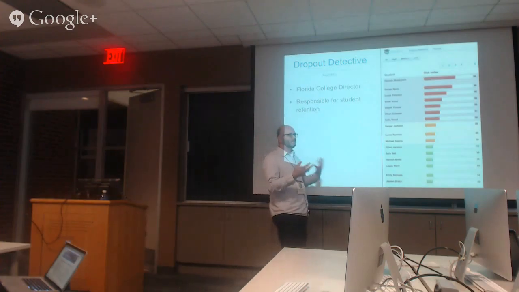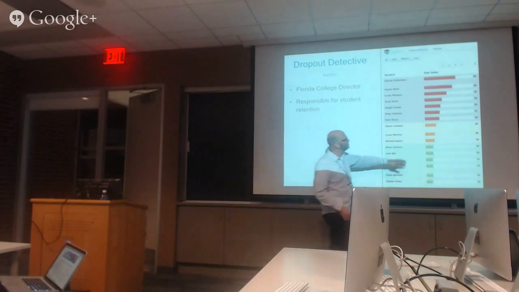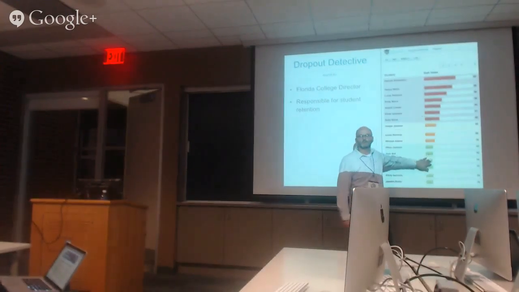And there was all this data that Canvas is capturing, and she wanted basically to be able to pull that data together and paint a picture of, okay, what kinds of things, when you see these multiple things together, that means a student might be at risk. How can I raise that up into a red, yellow, green dashboard?